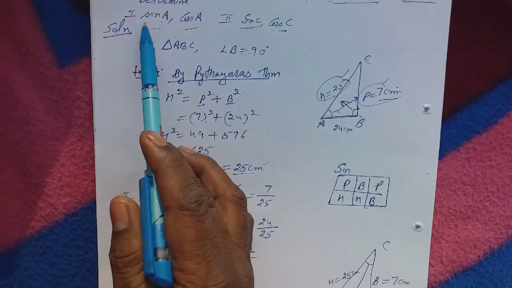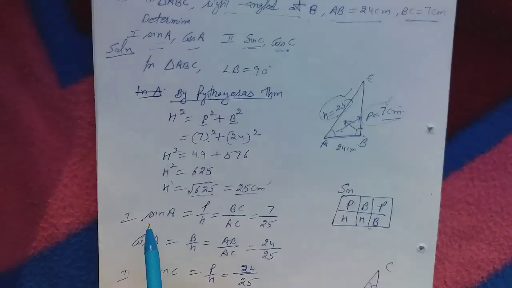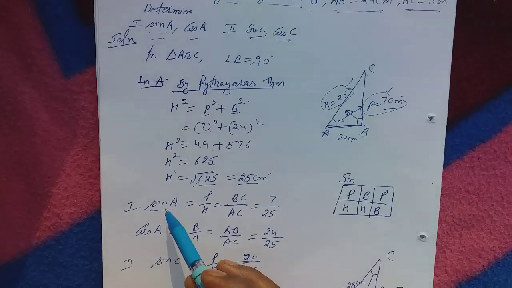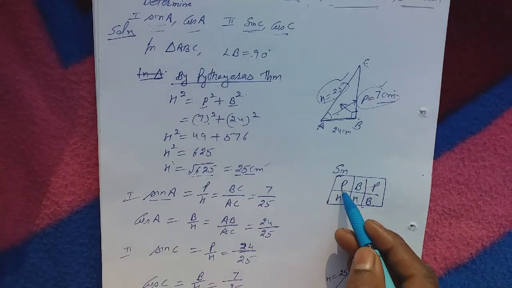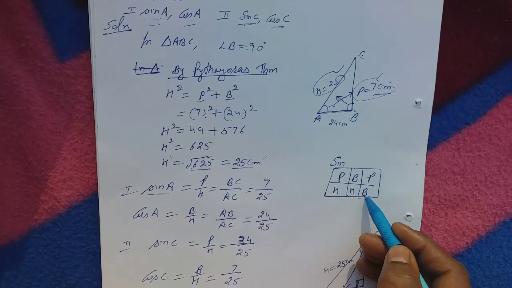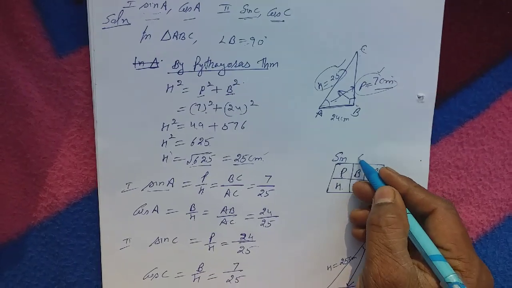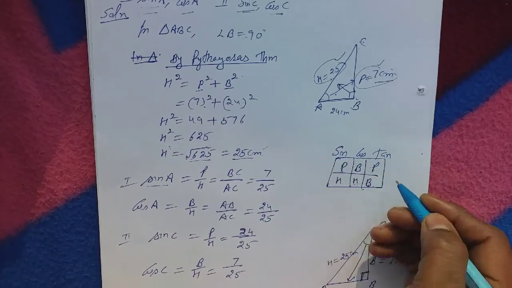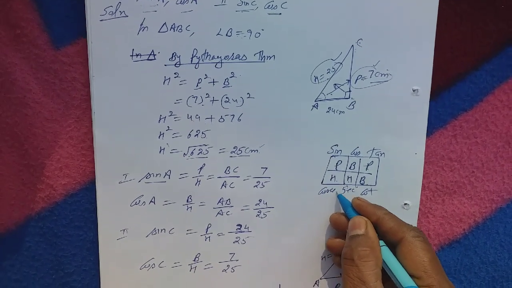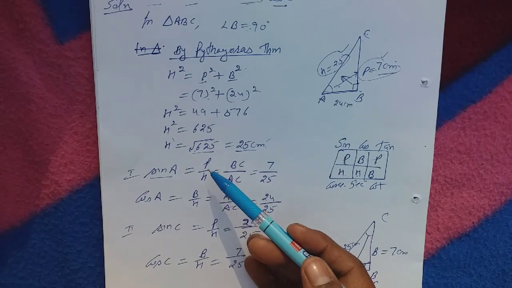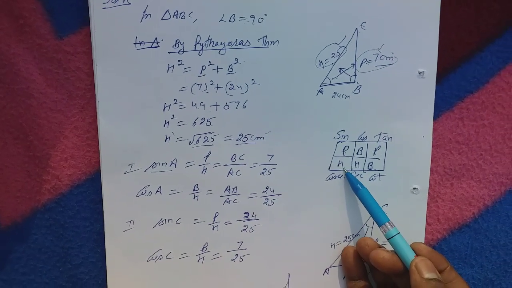So first we will find sine A. The value of sine is P by H according to this formula. Pandit Badri Prasad Har Har Bole, Sona Chandi Tole. So sine, cos, tan, cot, secant, cosecant. Sine is perpendicular upon hypotenuse.